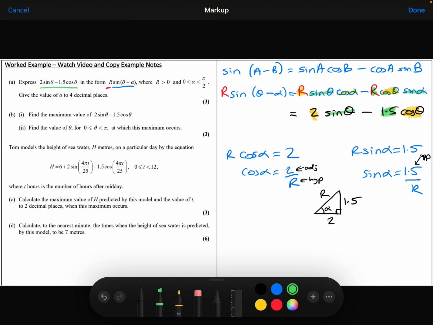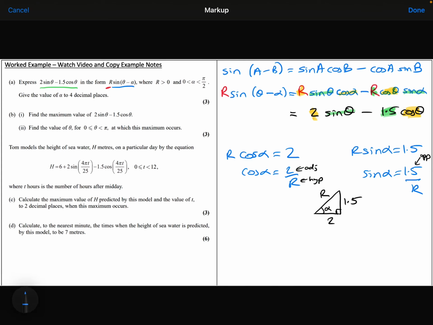Remember that the cos is equal to the adjacent divided by the hypotenuse, and the sine is equal to the opposite divided by the hypotenuse. That allows me to work out r using Pythagoras. So I find that r is 2.5.